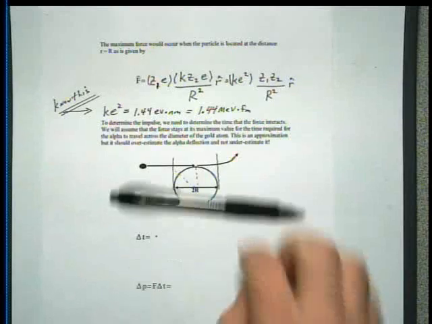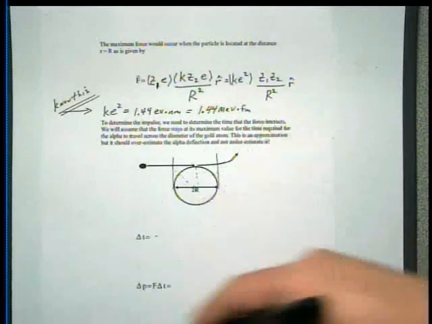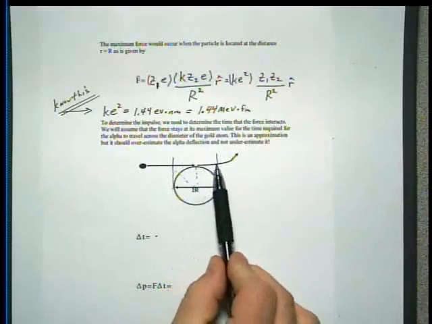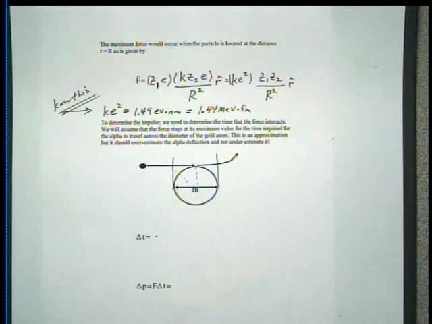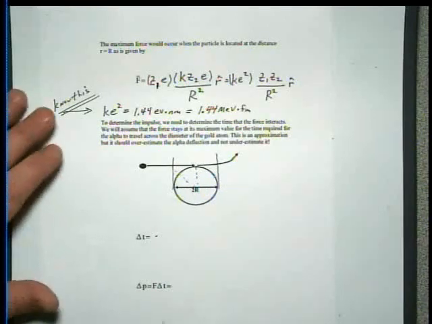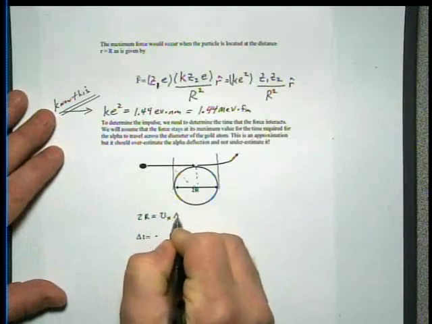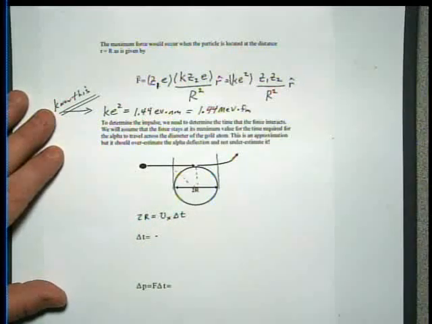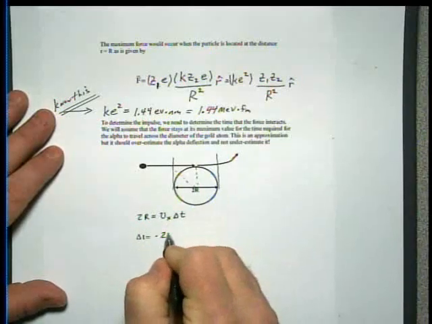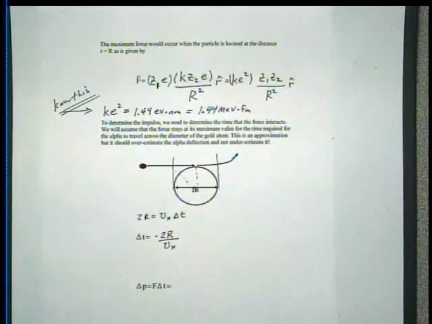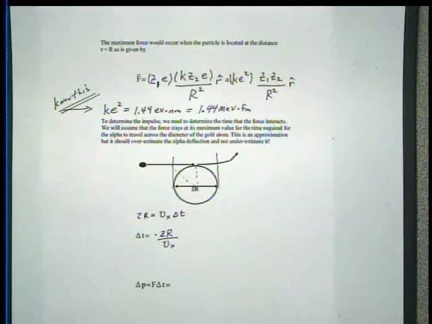So I'm not going to integrate and find the actual distances. I'm just going to say, oh, what the heck. Let's just say that it moves at this speed, and it does it for that distance, and use kinematics and overestimate. Well, if I do that, 2r is Vx delta t. I can find delta t then. That would be 2r over Vx. Again, it's not that long. We're overestimating.